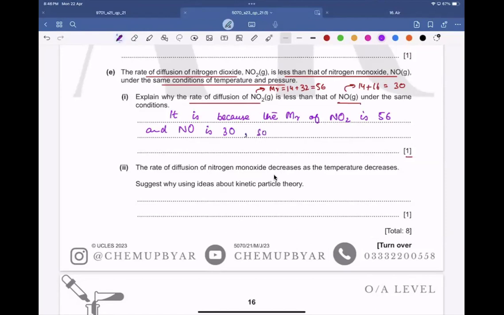So the relative molecular mass of NO2 is greater than NO. Is this clear to all of you? Yeah, sorry, my bad. It's 46. So still, the Mr is greater, right?